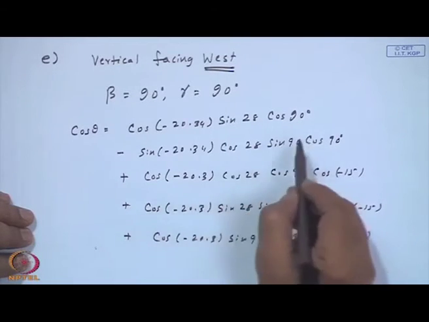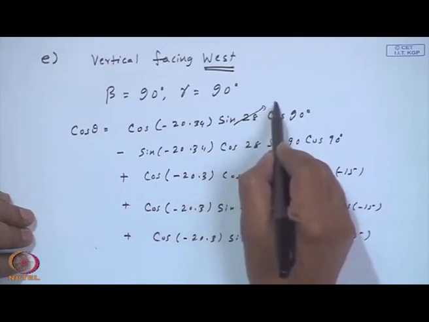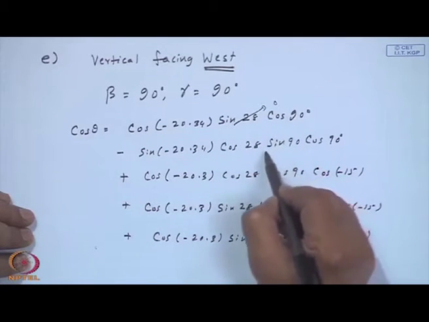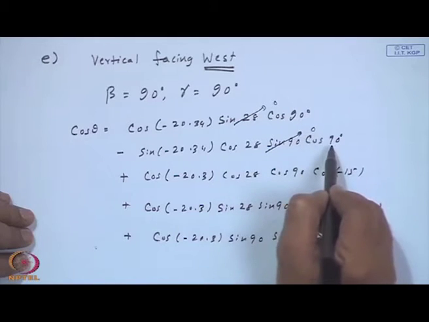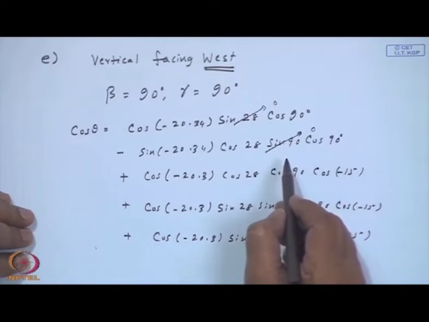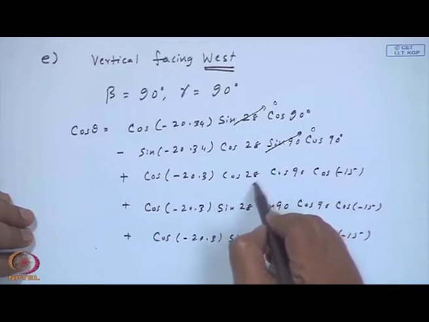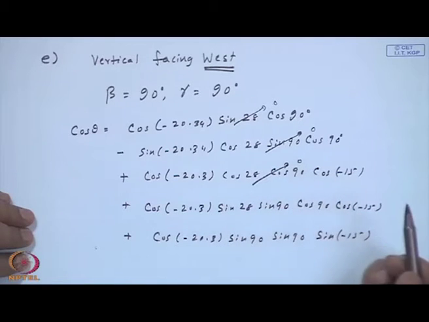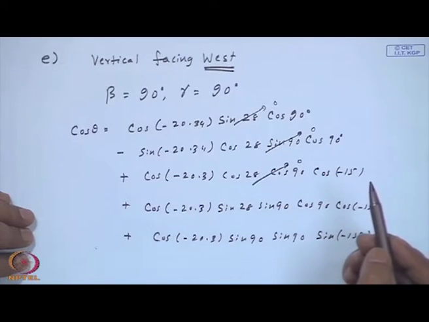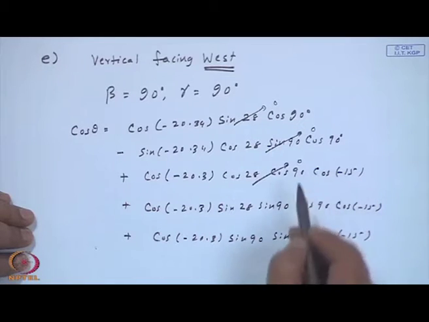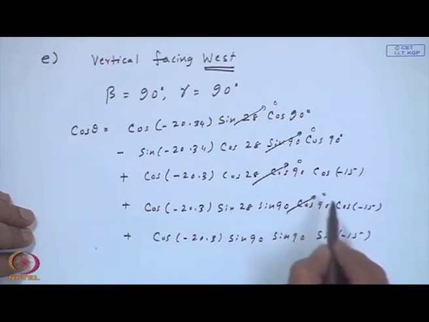So, this is 0 because of cos 90, again 0 because of cos 90, this is also 0 because of cos 90, and also is 0, and this is non-zero.